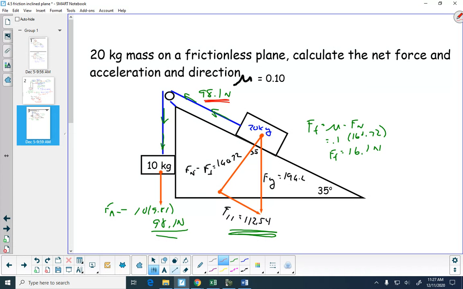Oh, let's alter this a little bit. Let's make this 8 kilograms. So we have 8 times 9.81.